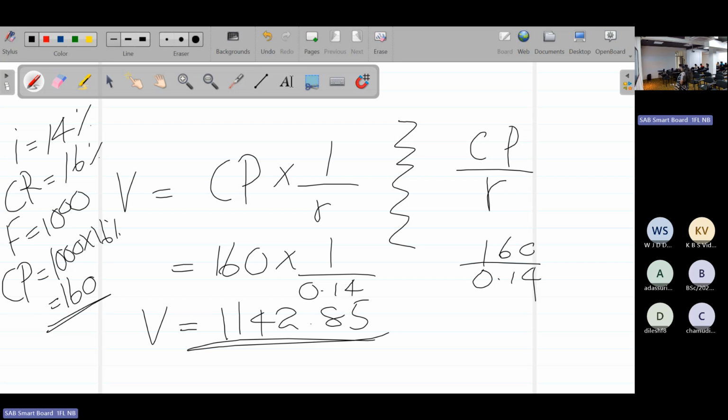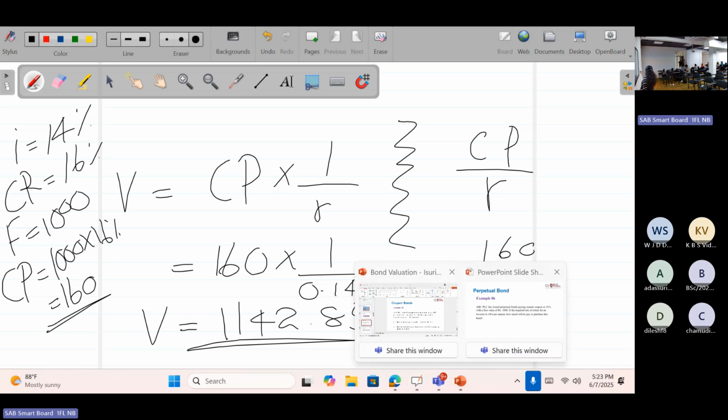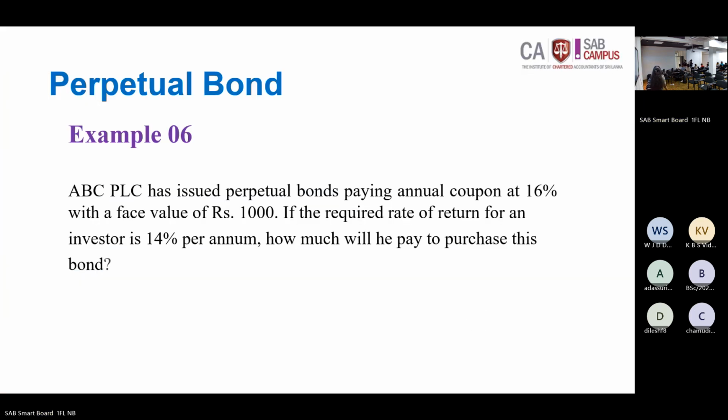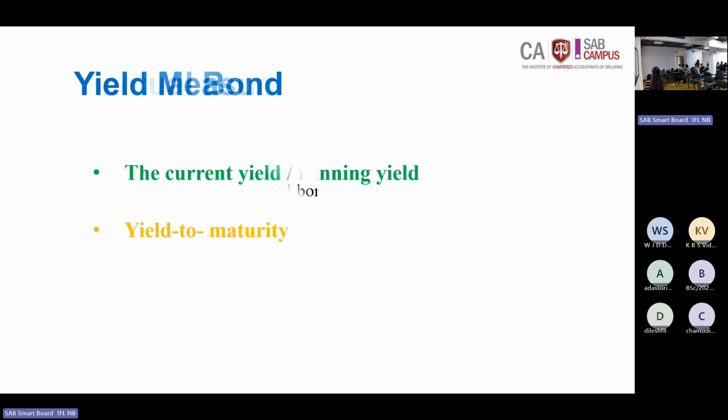Now the valuation part is done. Right? The second part of the lesson, identifying the required rate of return, or else the investor's expected rate of return.